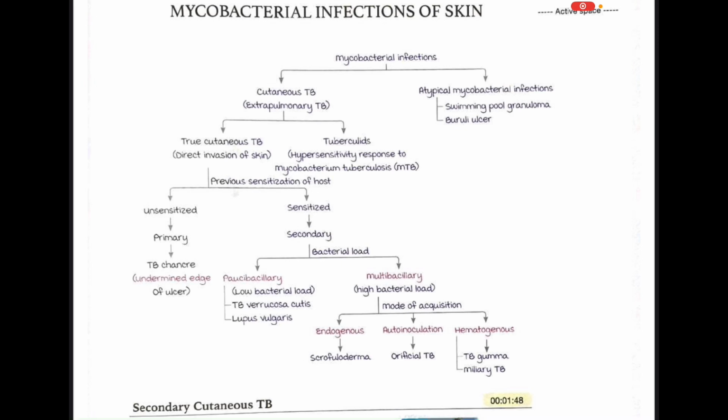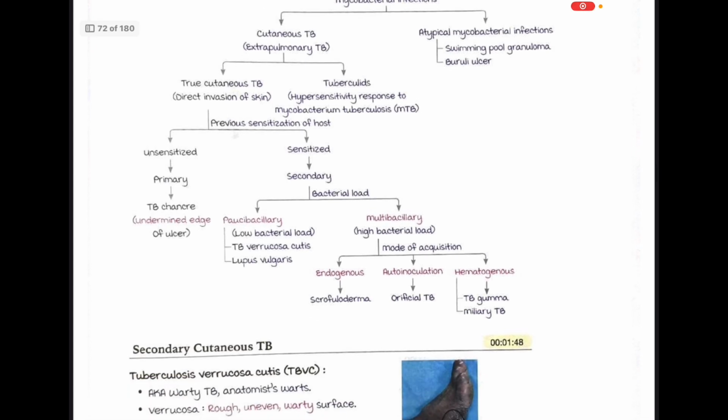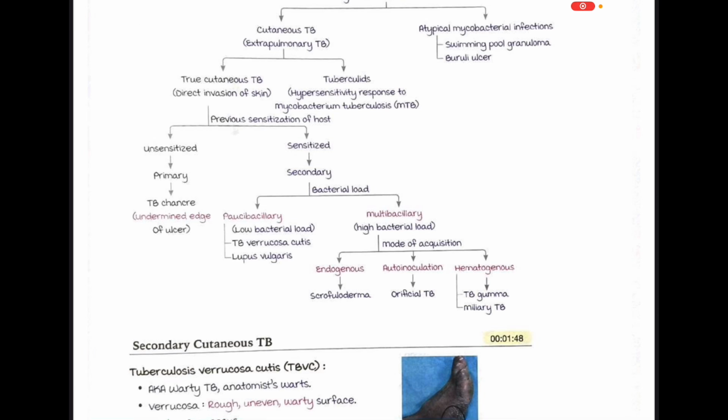Unsensitized host is primary TB chancre, undermined edge of ulcer, and secondary sensitized host, bacterial load depending on that. Paucibacillary means low bacterial load, multibacillary means high bacterial load.